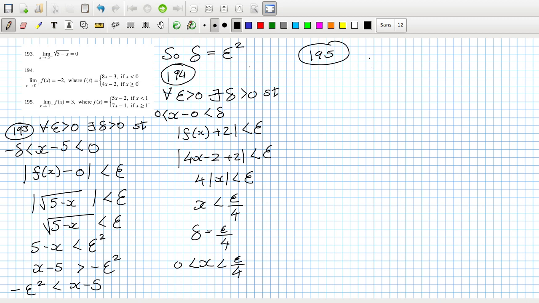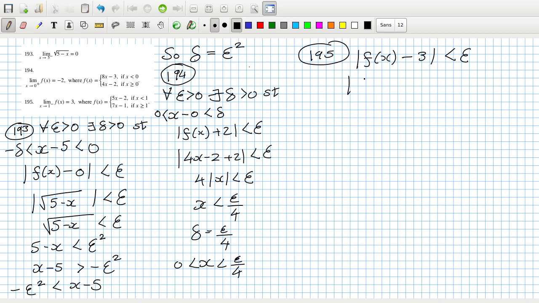Again, same deal, except this time it's like the first one, minus delta less than. So let's see if we can find that. f of x minus 3 less than epsilon. x is tending to 1 from the left, so x is smaller than 1.